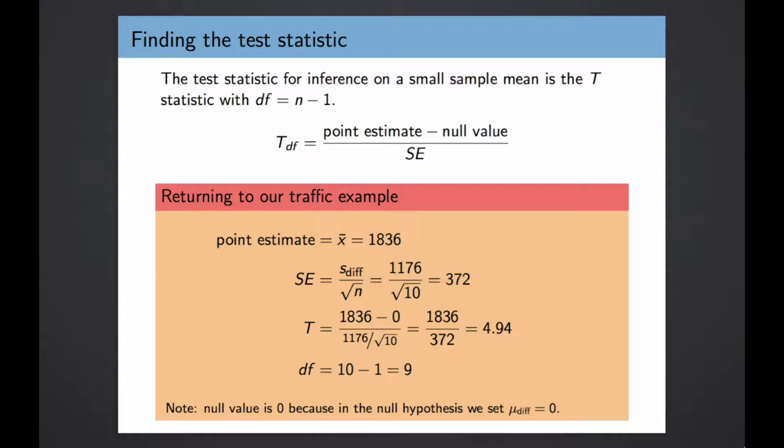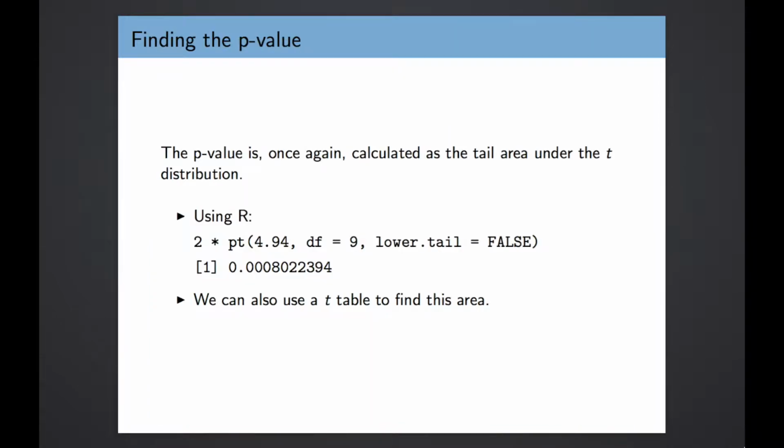So we can fill out this formula for the t-statistic and take our point estimate minus 0, the null value, divided by our standard error, which is equal to 4.94. And our degrees of freedom is equal to 10, the sample size, minus 1, so 9 degrees of freedom. We are going to use that test statistic of 4.94 to find our p-value.